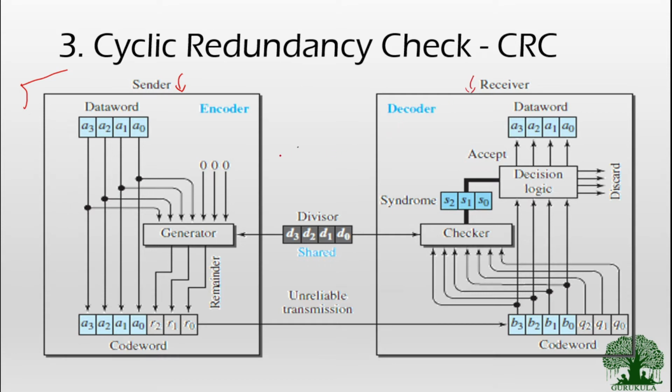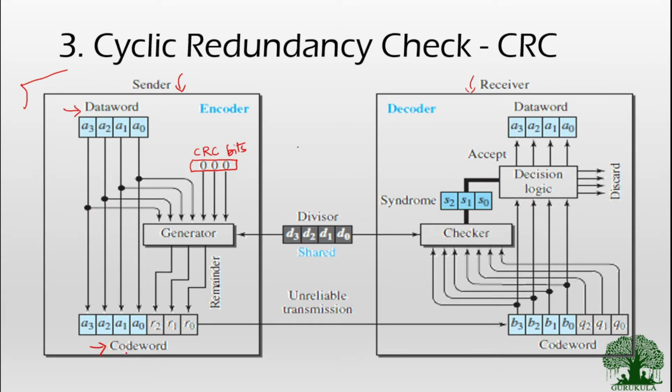In order to perform a cyclic redundancy check, you need a data word. Your data word is nothing but the actual data which you want to transmit from one point to another point, and along with the data you are going to add a few redundancy bits, which I am going to call CRC bits, appended to your data word so that you can process the CRC algorithm, and finally you will get a code word.